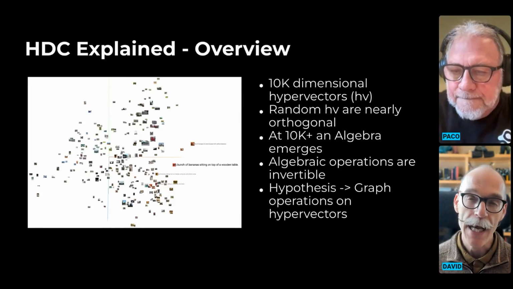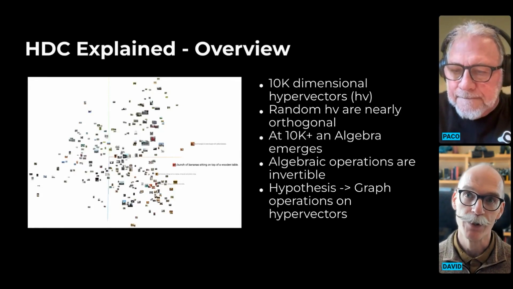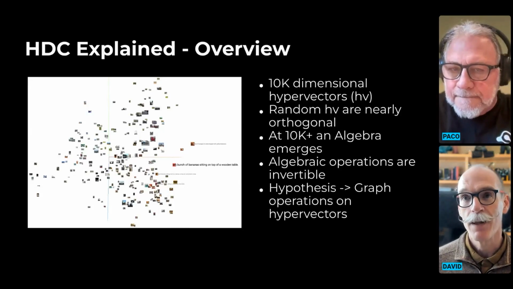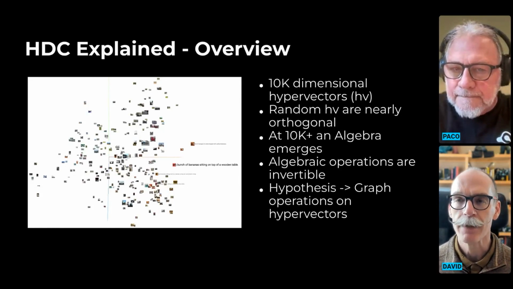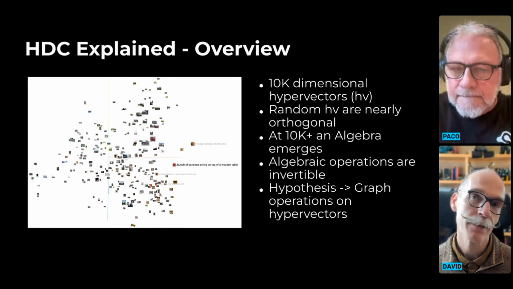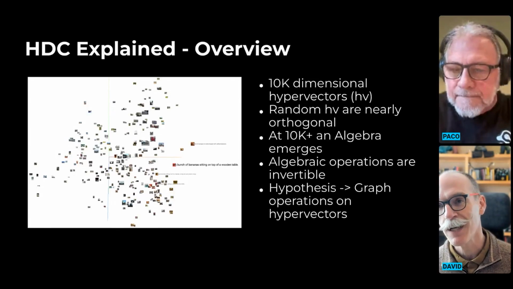Two, an algebra starts to emerge. And you get some operations or operators that are going to be very interesting to think about. Lastly, you get something called holographic distribution of information. And this isn't the holograph from something like Star Trek.